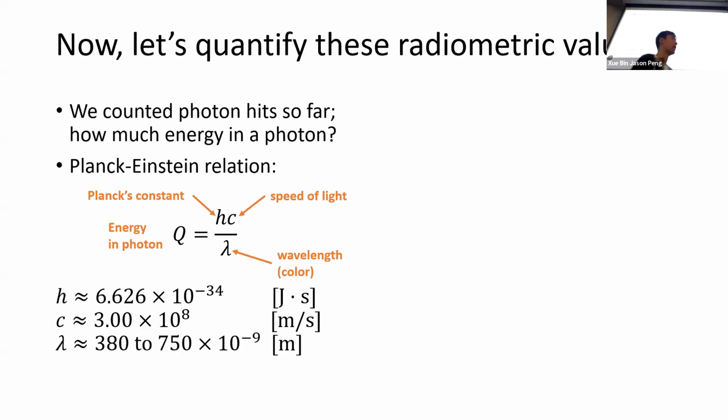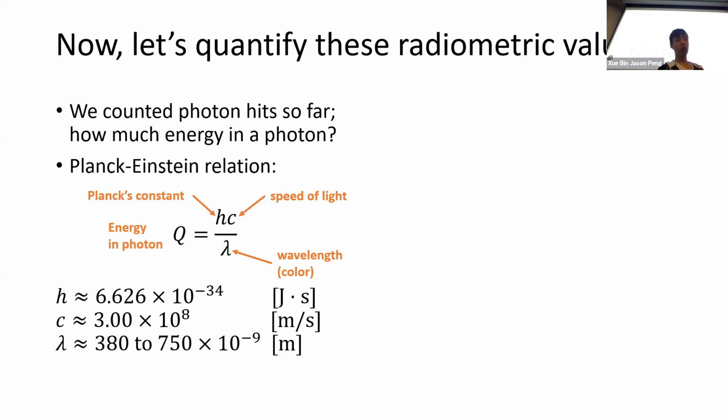So here are some values that we can assign to those different quantities. h and c are constants. The Planck constant has units of joule seconds. The speed of light, that's a speed, so it's going to be in meters per second. And the variable lambda, which corresponds to the wavelength of light, is in meters because it's a length, and it can vary depending on the color of light.